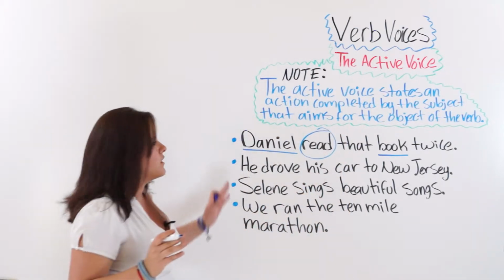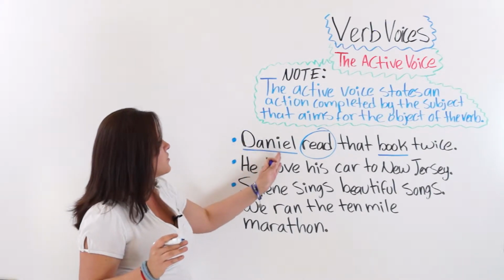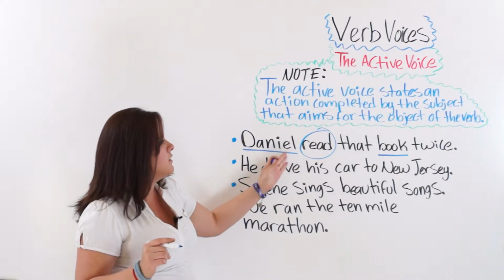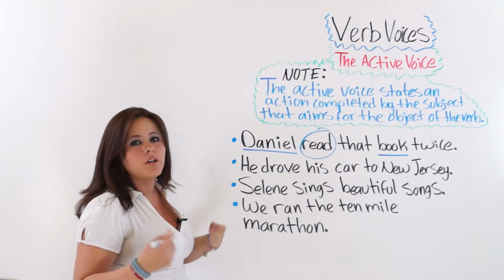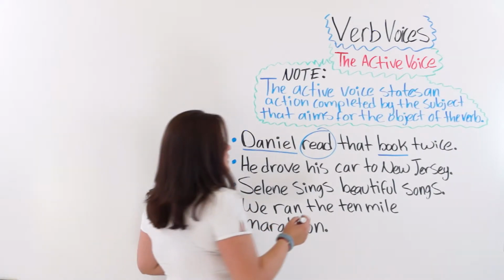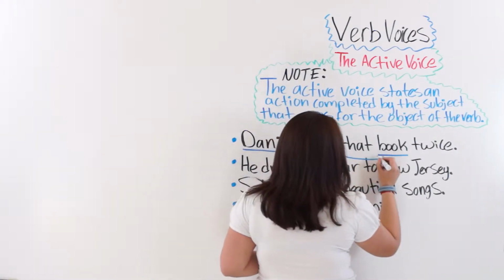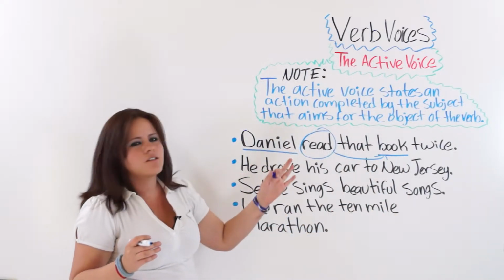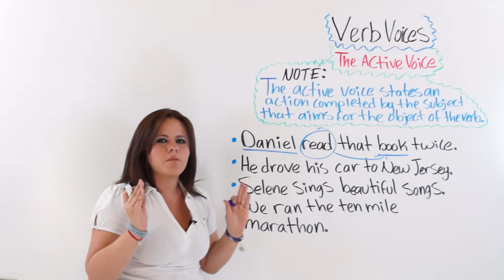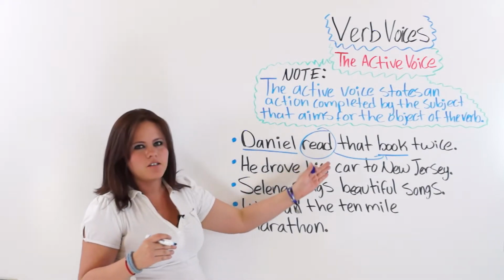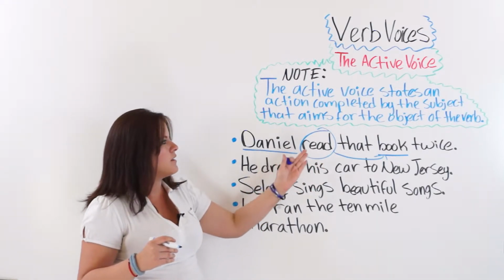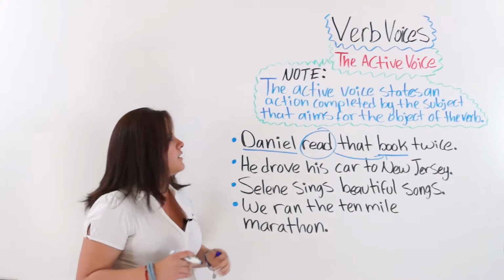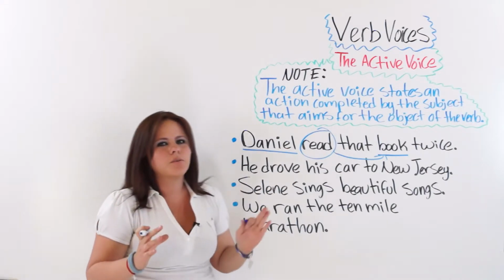So we have to see if the action of the subject, Daniel read, is going to have an effect on the object. And it does. Daniel read that book. It is aiming for the object, book. Daniel read that book. Alright, so this is the active voice.